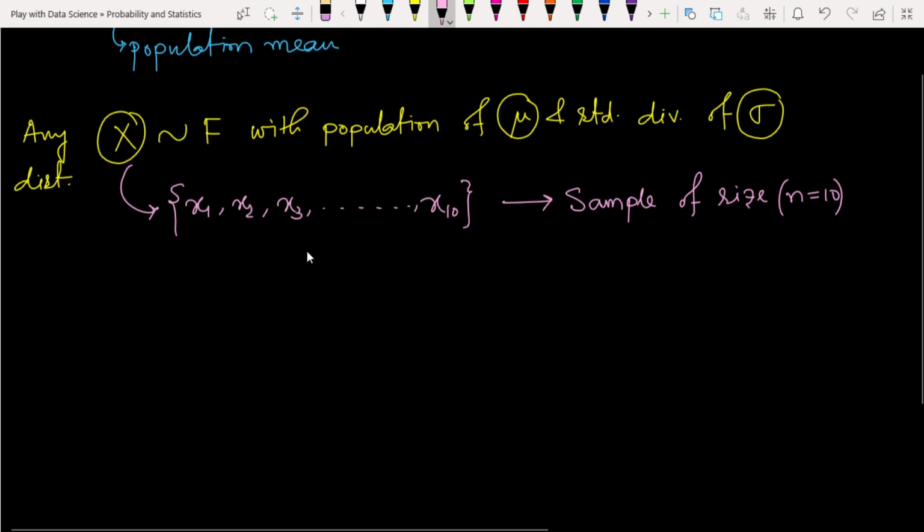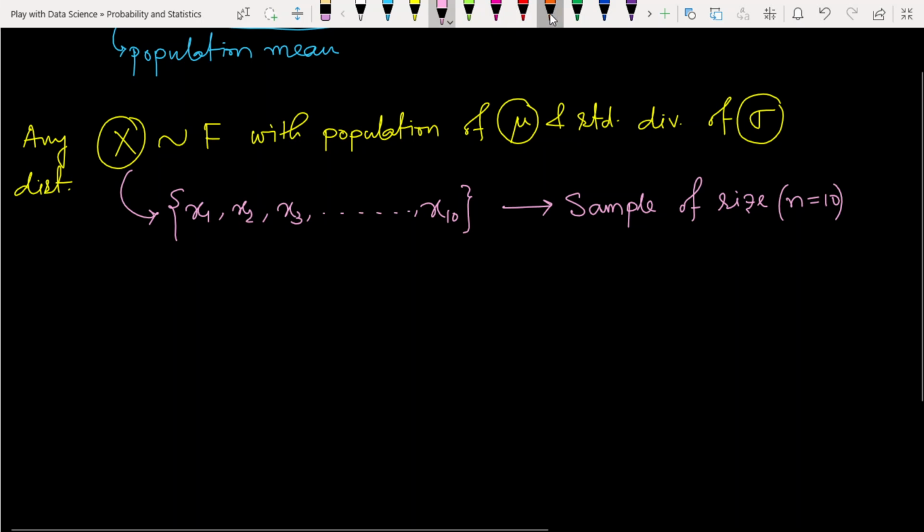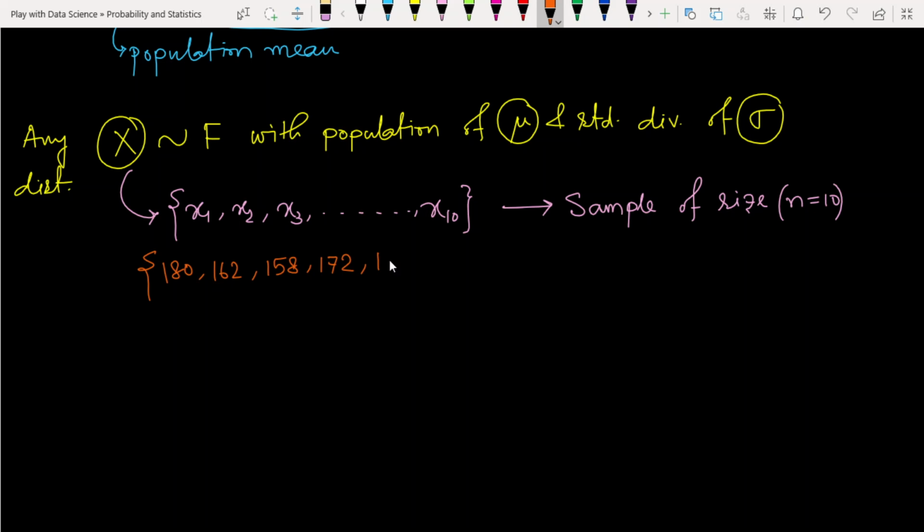Suppose this is the example we have taken previously, and the observed values are like this: 180, 162, 158, 172, 168, 150, 171, 183, 165, 176.